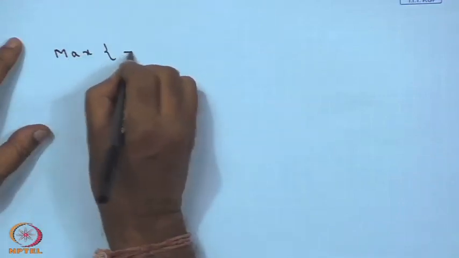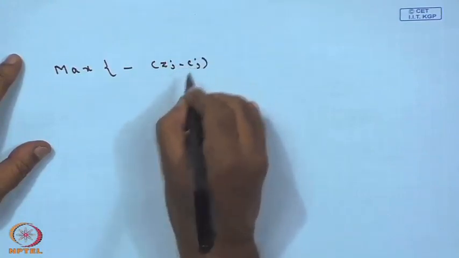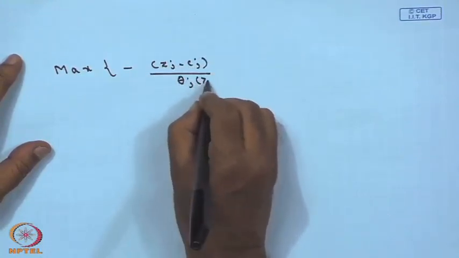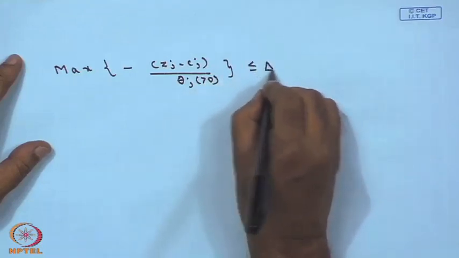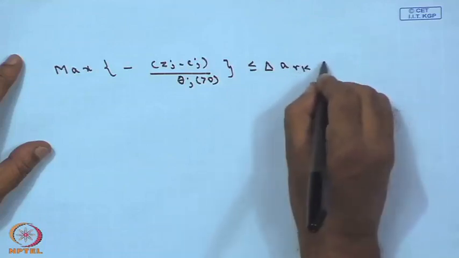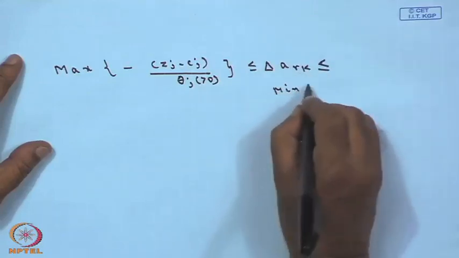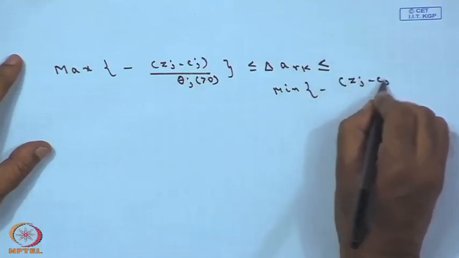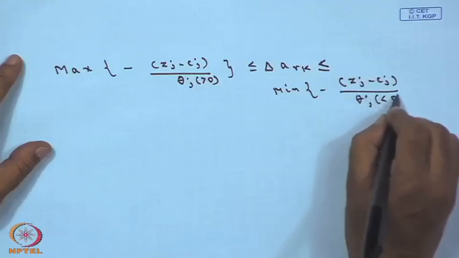I am writing it again in one line: maximum of minus Zj minus Cj by theta j, for theta j greater than 0, less than or equal to delta Ark less than or equal to minimum of minus Zj minus Cj by theta j, for theta j less than 0.